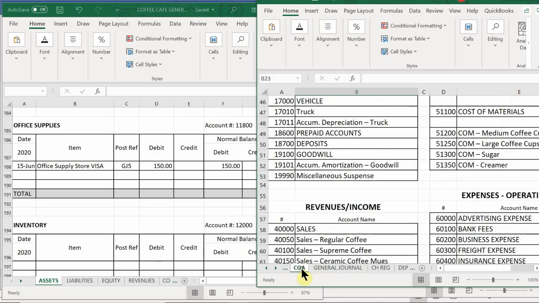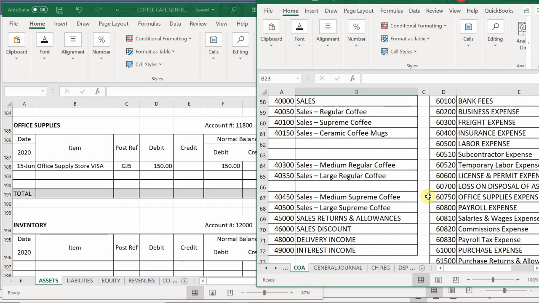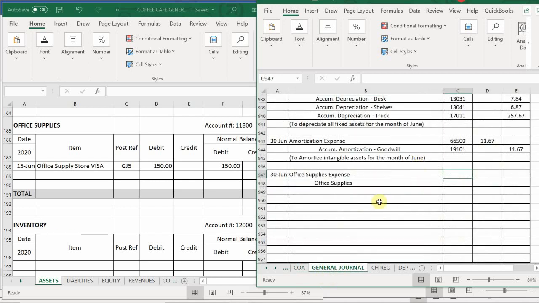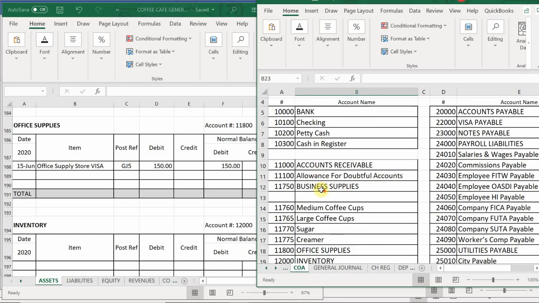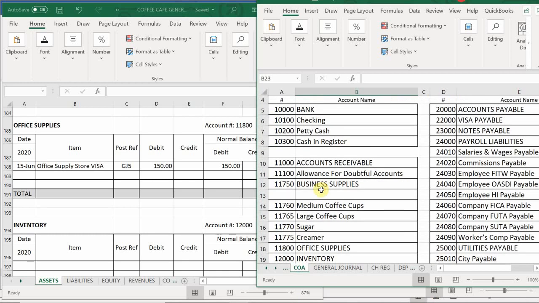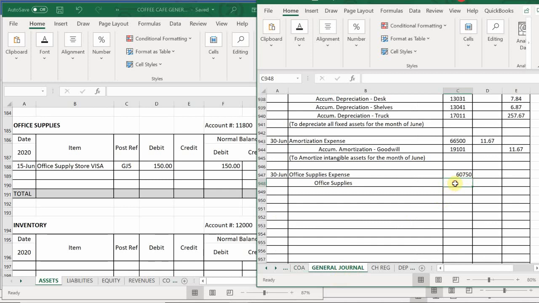So, office supplies expense account is 767.50. And let's see, our office supplies is account number 11800. And like Kim said, if we have $80 remaining, that means we must have spent, or used, $70.